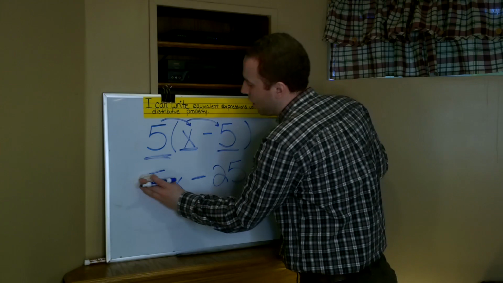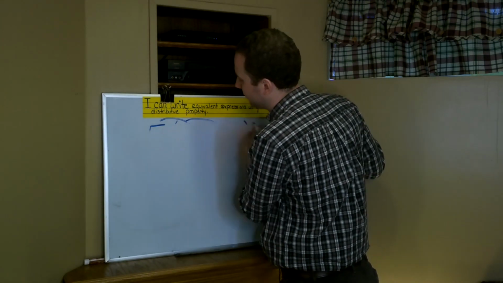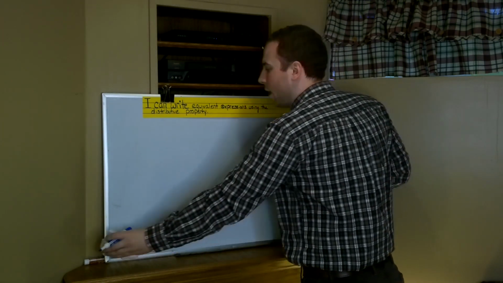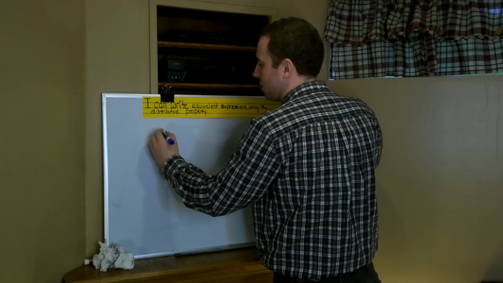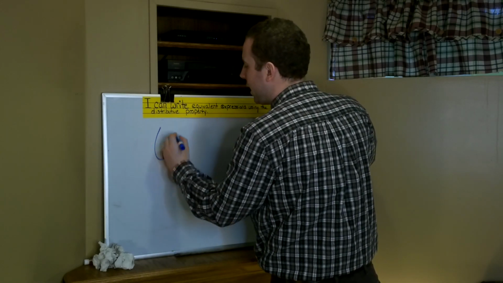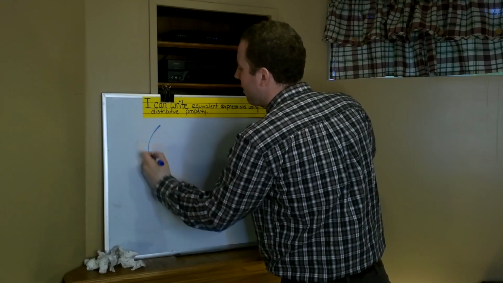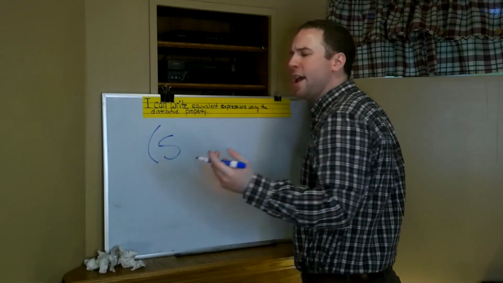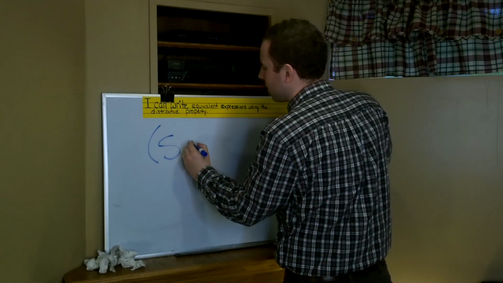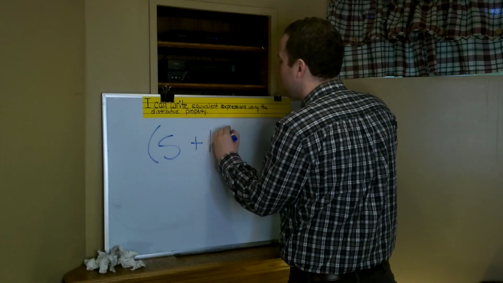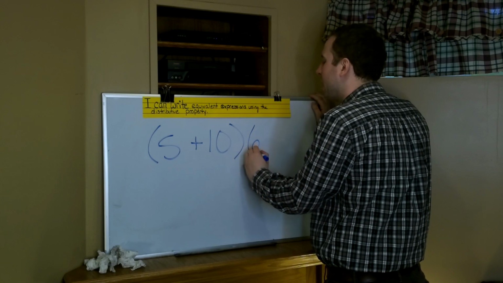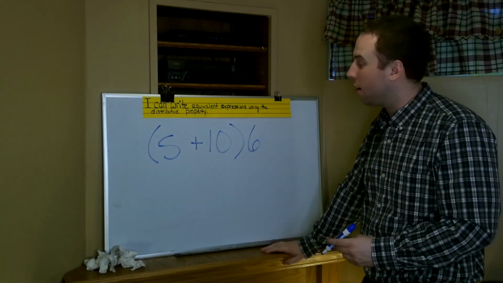Very good. Let's do another example, shall we? Now let's say I have 6 times s plus 10, because again, any variable can be any letter. And let's say my number on the outside of my parentheses is over here instead this time.